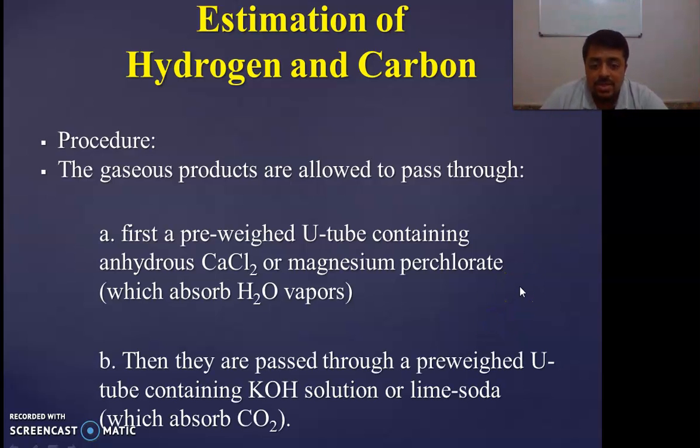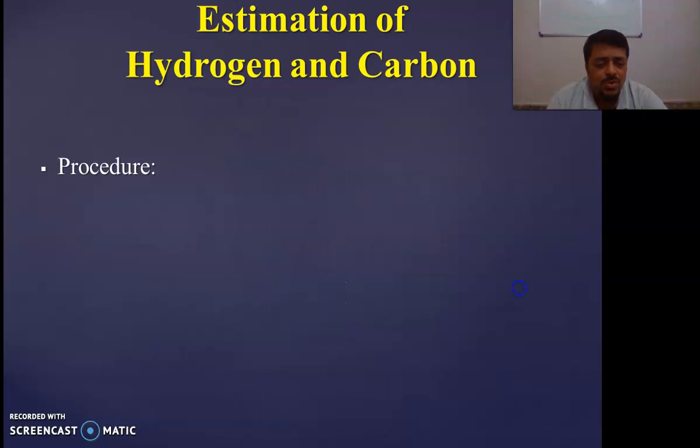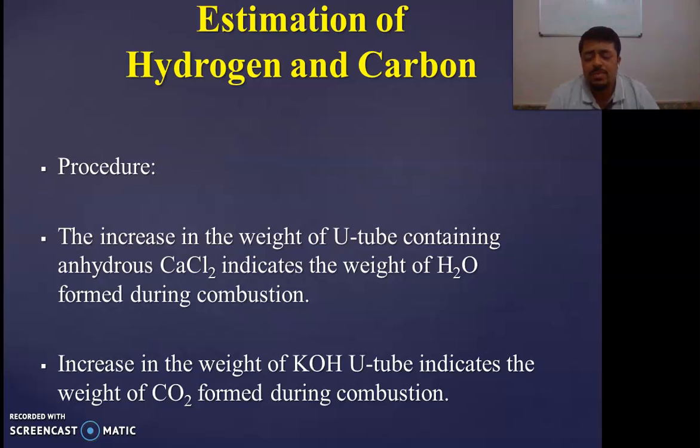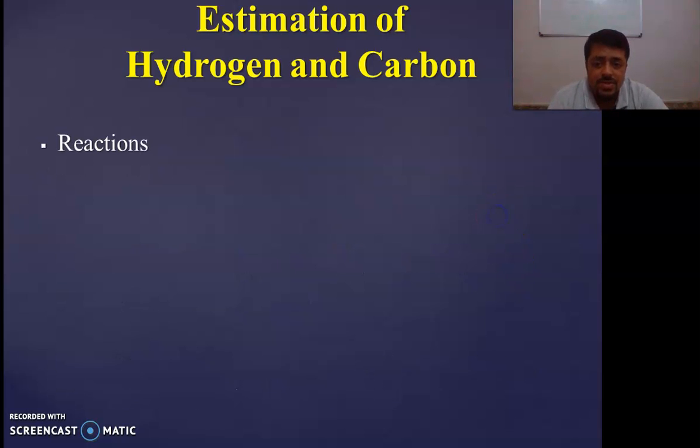Then they pass through a pre-weighed U-shaped tube containing KOH or soda lime, which absorbs CO2. The increase in weight of the CaCl2 U-tube indicates the H2O generated in the combustion. Similarly, the increase in weight of the KOH U-tube indicates the weight of CO2 generated.